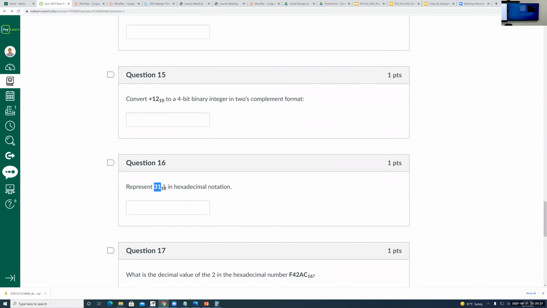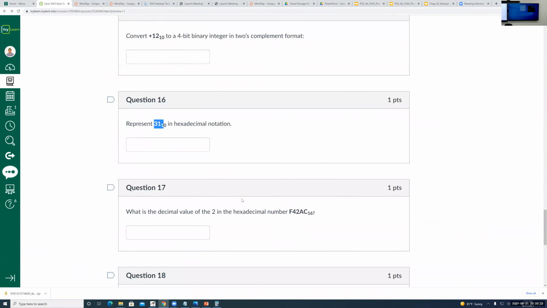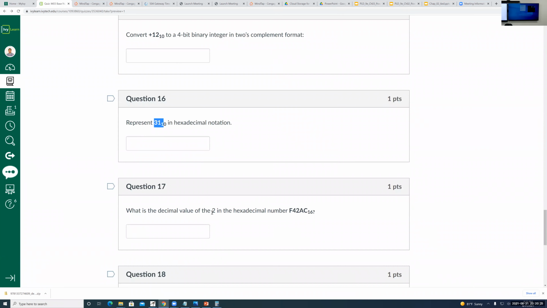This one also is hexadecimal, very simple. What is the value of 2? What's the value of 2 here? What do you think? What's the decimal value of 2? See here, what is it? 12.